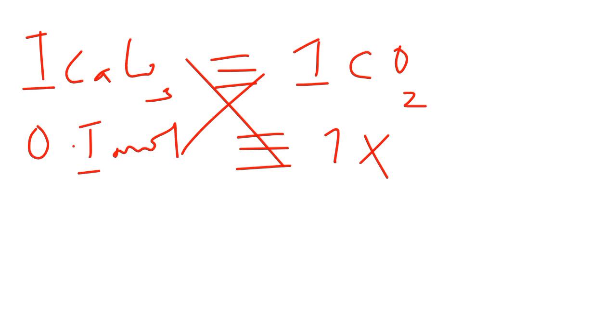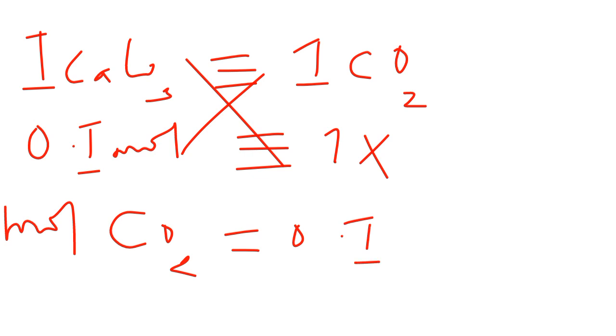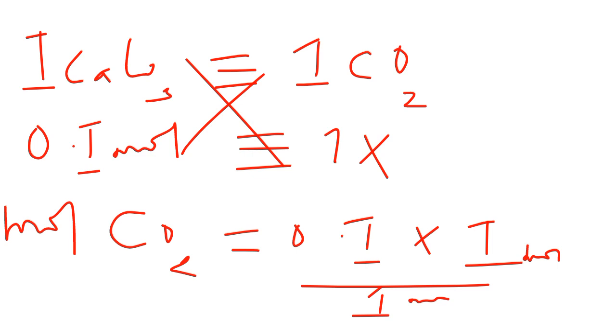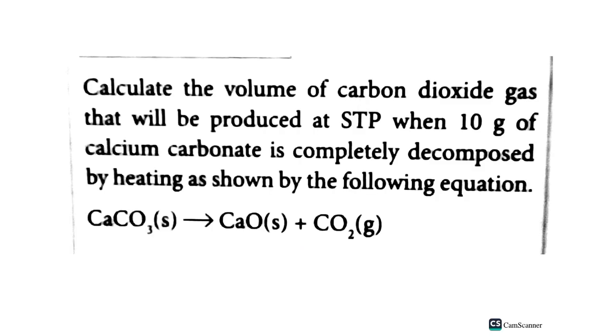The moles of carbon dioxide equals 0.1 times 1 divided by 1. The moles cancel out. So this carbon dioxide also has 0.1 moles.